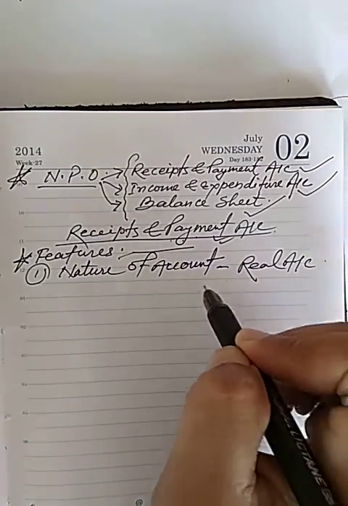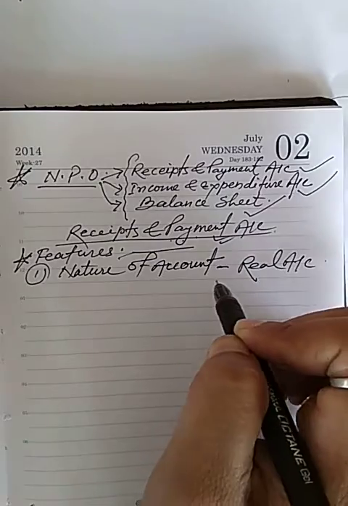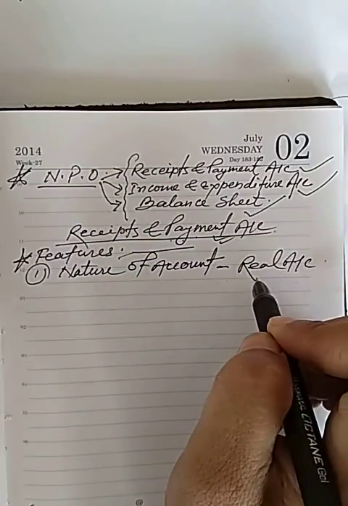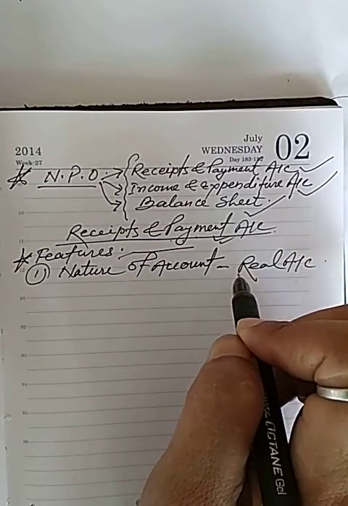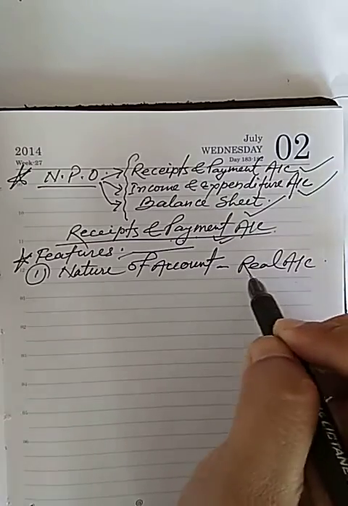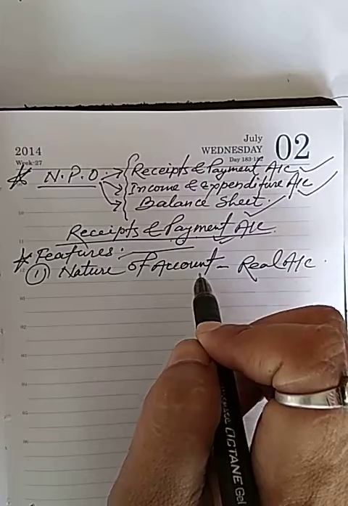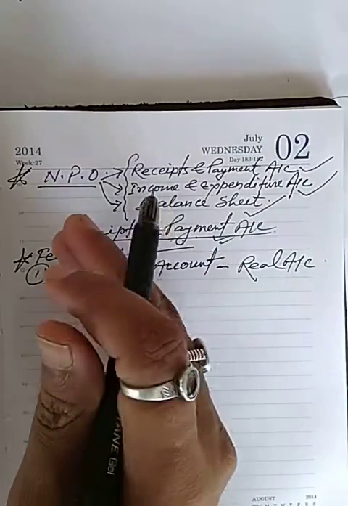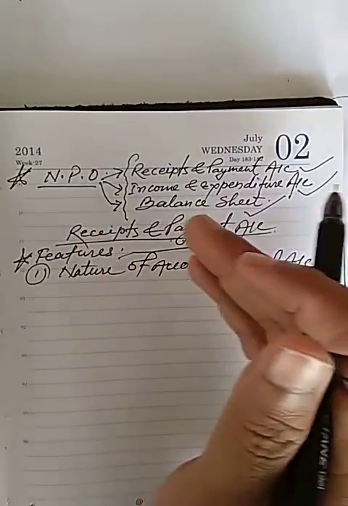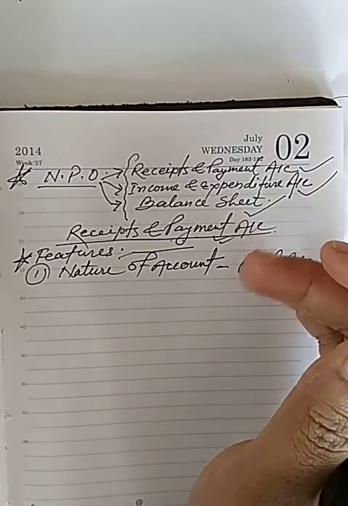Hence, the rule of real account, that is, debit what comes in and credit what goes out, is followed while preparing it. Thus, receipts are recorded on the debit side and payments are recorded on the credit side.